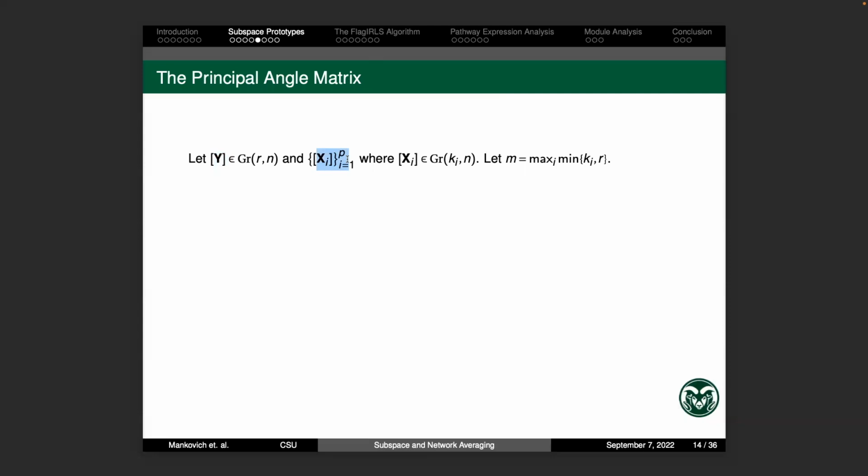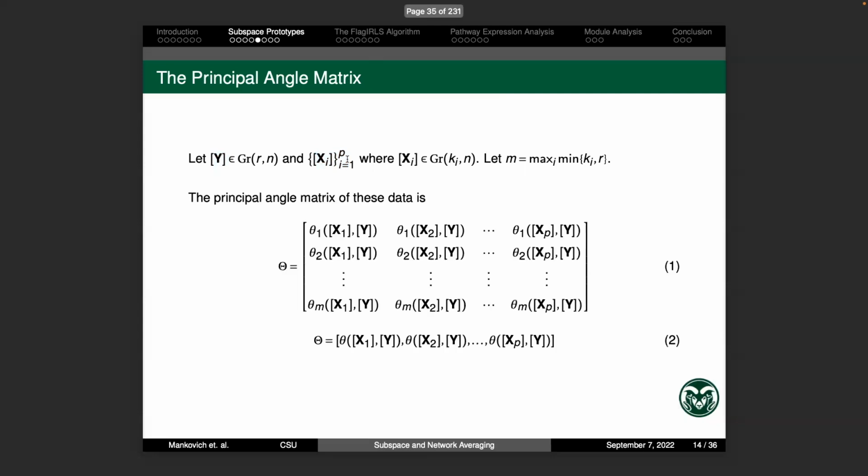And that's where we make this thing called the principal angle matrix. Hectic. But essentially each column of this matrix corresponds to each of these xi's, and each row of the matrix corresponds to a principal angle number. And there are some details here. They're not as important.